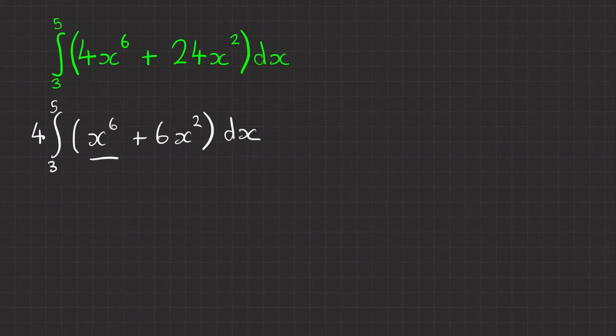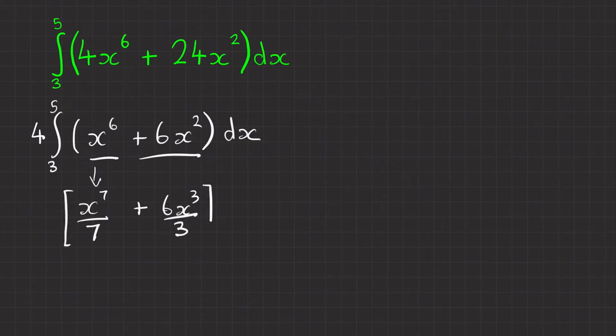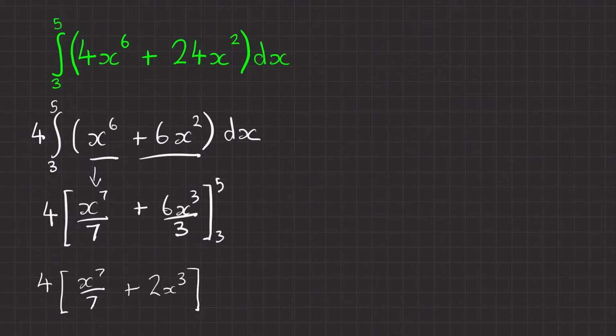So we've got x to the 6 plus 6x squared, so x to the 6 becomes x to the 7 all over 7, plus 6x to the 3 all over 3, and we've got all this bounded by the points 5 and 3, but also it's all multiplied by 4. Just to tidy it up a bit, we've got 4 lots of x to the 7 over 7 plus 2x cubed, bounded by the points 5 and 3.